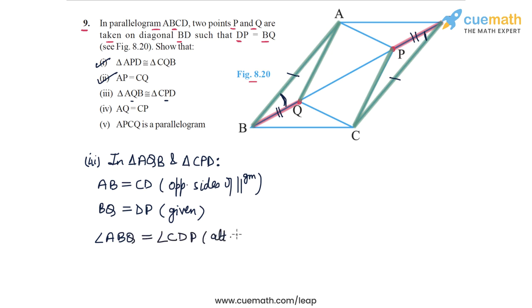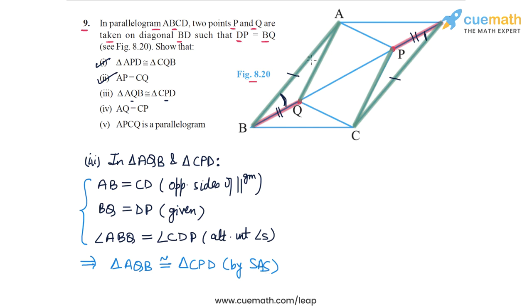because these are alternate interior angles on the parallels AB and CD and the diagonal or the transversal BD. So from this set of equalities, we can once again conclude, similar to the first part, that triangle AQB is congruent to triangle CPD by the SAS congruence criterion.